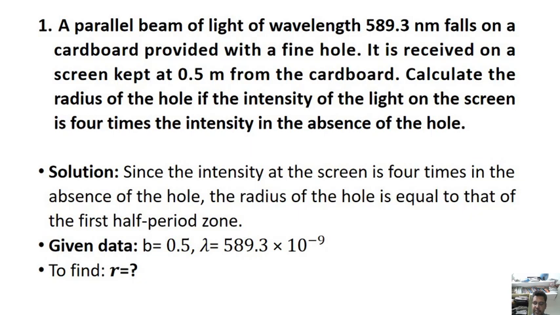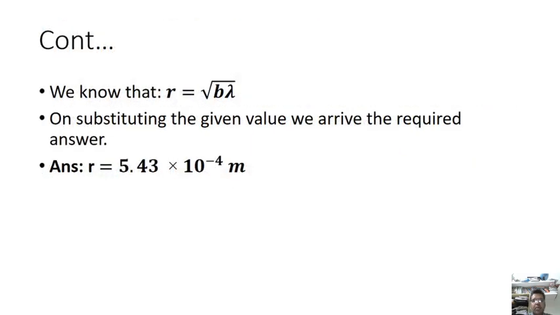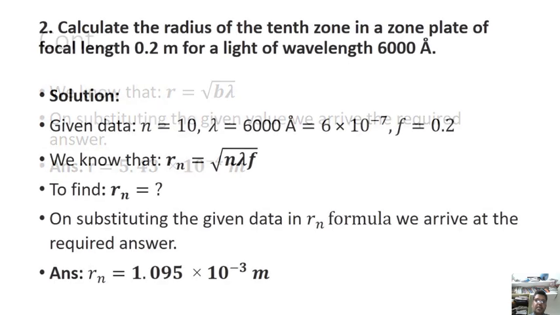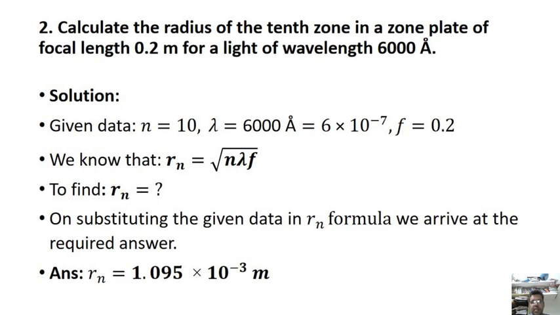Find the radius r. We know that r is equal to square root of b into lambda. On substituting the given values, we arrive at the required answer. So r is equal to 5.4 into 10 to the power of minus 4 meter. You see how simple the problem is.